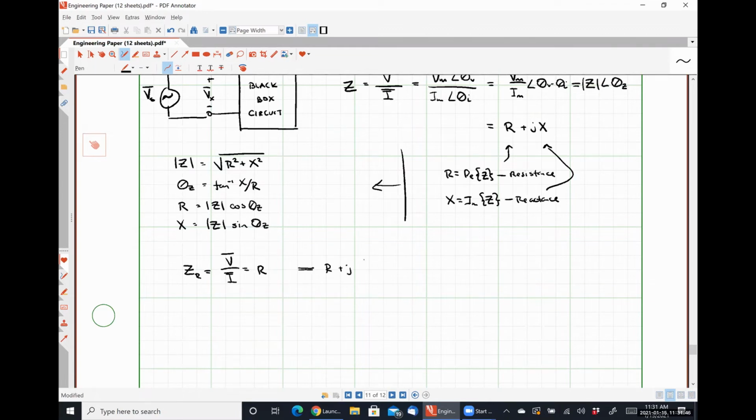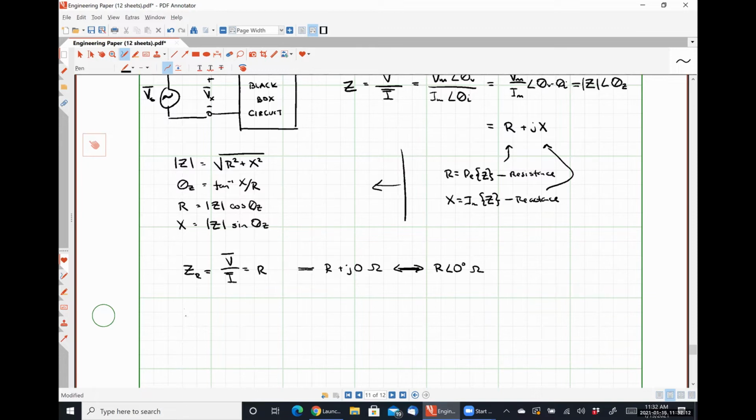R plus j0 ohms in rectangular form is identical to R angle 0 degrees ohms in polar form. So resistors are a purely real impedance.